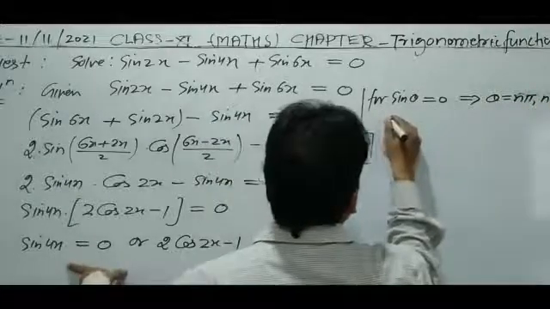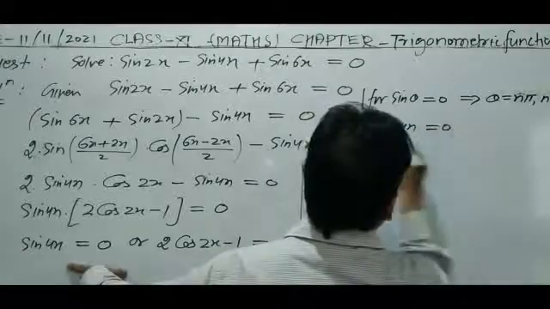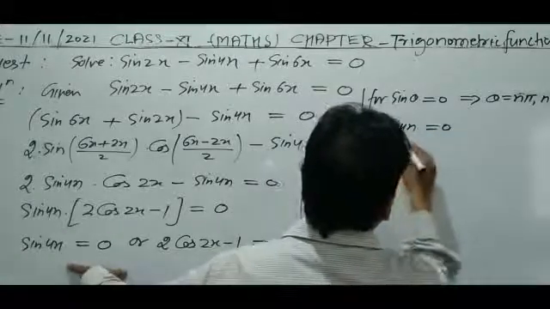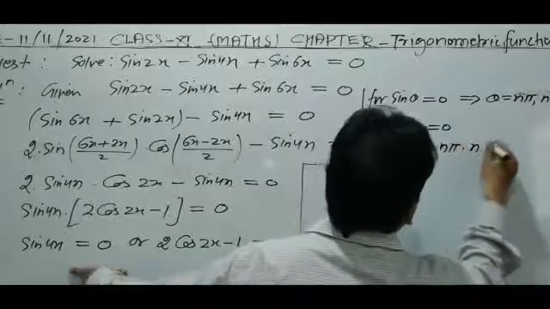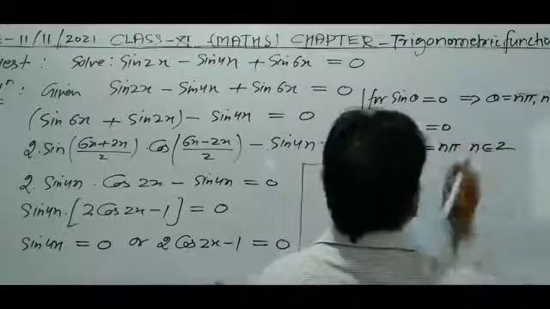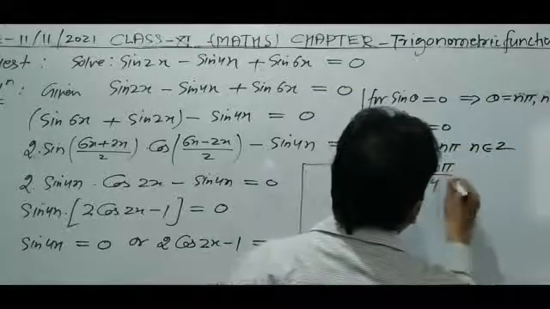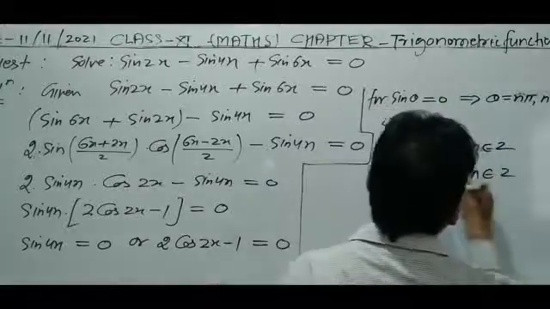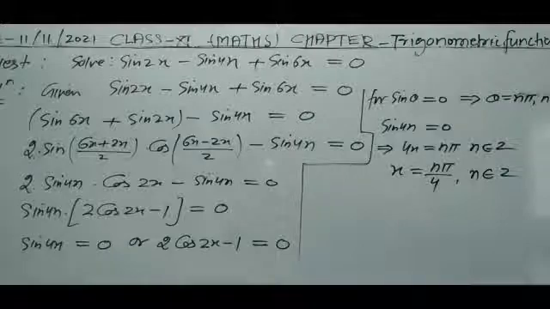Therefore, sin 4x is equal to 0. This implies 4x is equal to n pi, such that n belongs to integer. Now x is equal to n pi by 4, n belongs to integer. Now this is our calculation, n pi by 4.